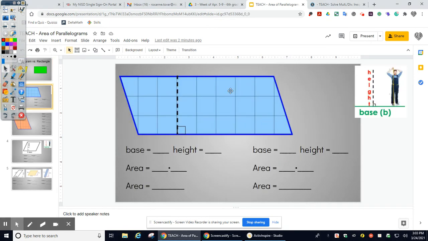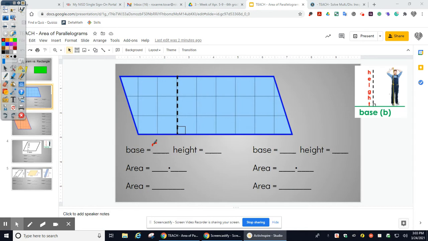All right, so now let's look at an example of a parallelogram. And let's go ahead and count the base of this parallelogram. And you see here we have 1, 2, 3, 4, 5, 6, 7, 8. All right, so the base of this parallelogram is 8.